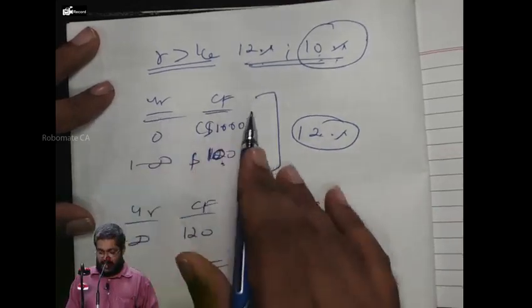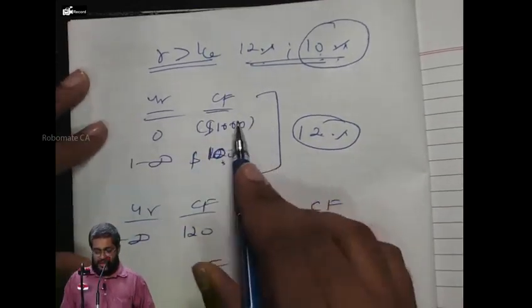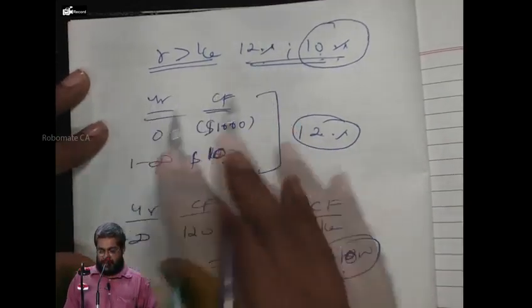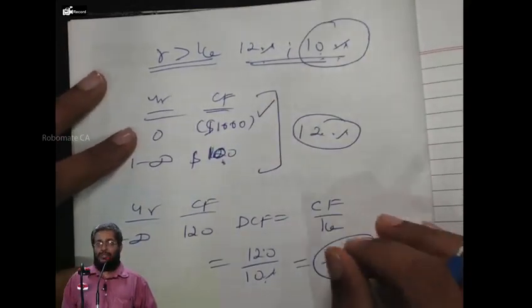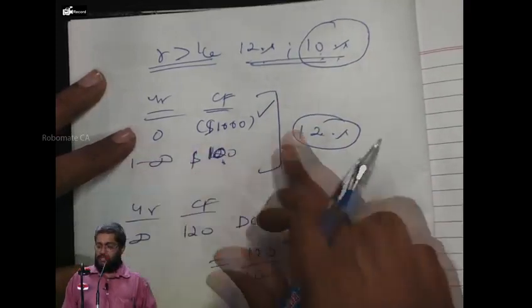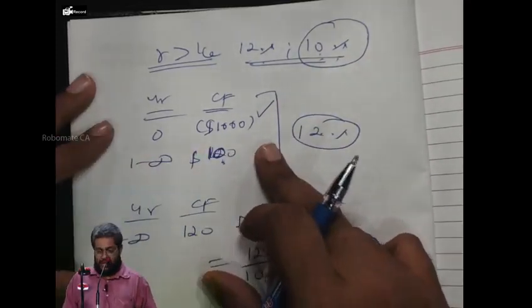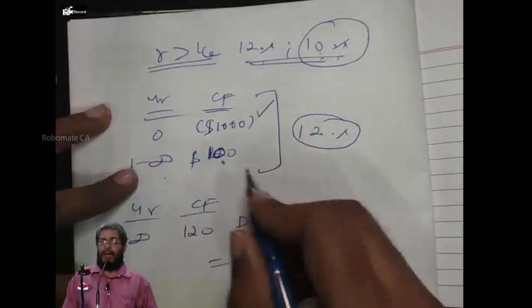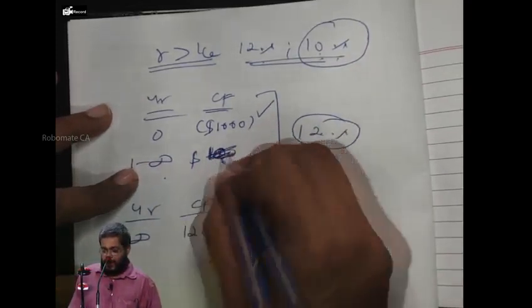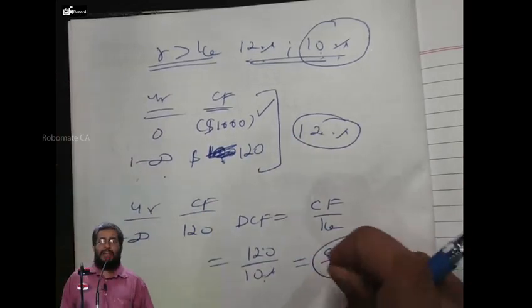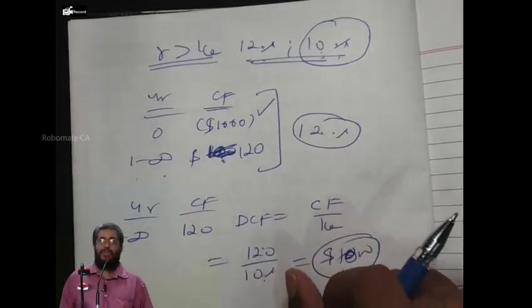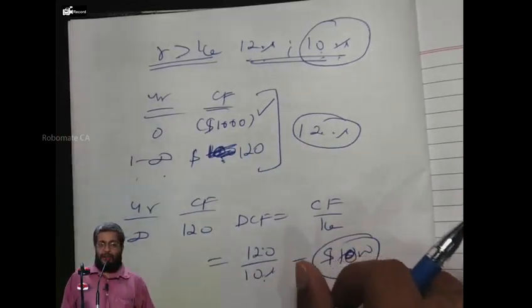Write two columns, year and cash flow. Year 0, I invest in the asset $1,000. Years 1 to infinity, the asset gives me $120.